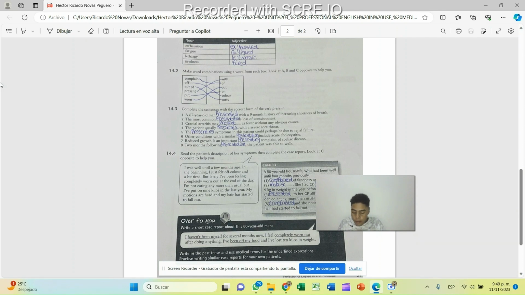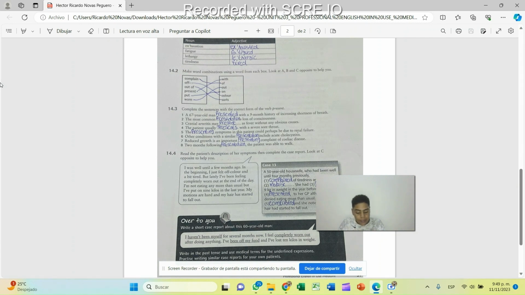Case 13. A 45-year-old housewife who had been well until 4 months previously presented complaining of tiredness and malaise.